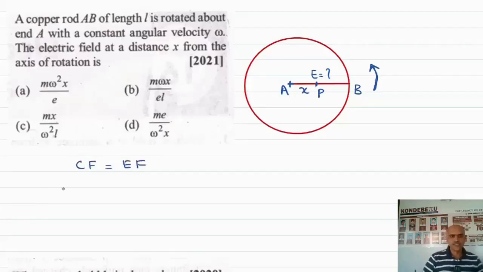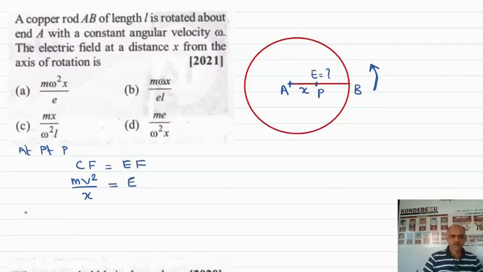Centripetal force is given by the formula mv square by r, where r is radius. Here we need point P, so in place of r, mv square by r will be mv square by x. Electric field at distance x from the axis of rotation means you are required to find E. So this electric field, I will write it as E.